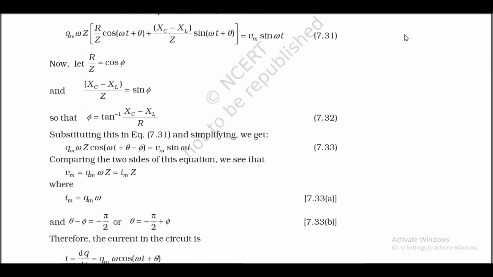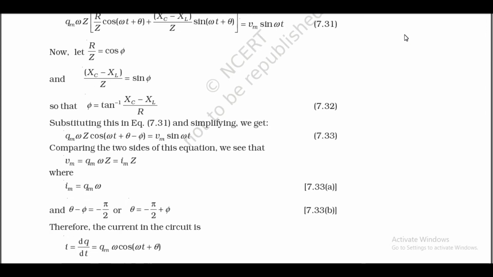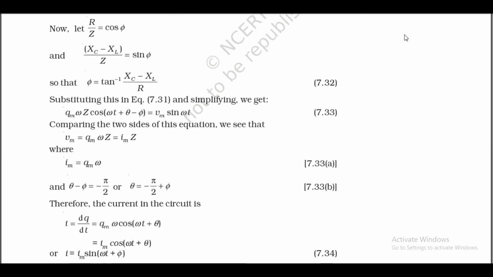Now let R by Z be cos phi and Xc minus Xl by Z be sin phi, so that phi is equal to tan inverse of Xc minus Xl divided by R. Substituting this in equation 7.31 and simplifying, we get Qm omega Z cos of omega t plus theta minus phi is equal to Vm sin omega t.